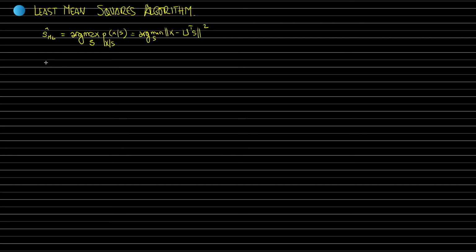So we can express this as a sum, computing component-wise: the sum of the squared differences of the components of X and U transpose S. So this is exactly the same as the sum of Xn minus U of n transpose S, squared.